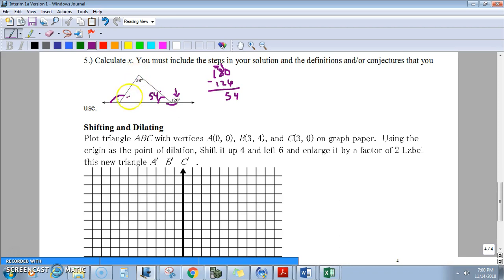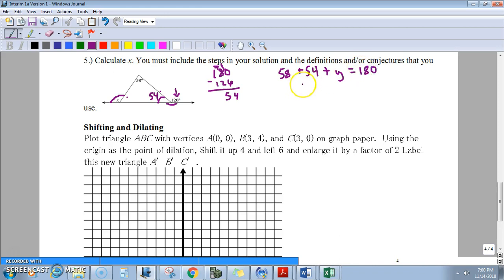And then the inside of the triangle needs to be 180 also, so 58 plus 54 plus some number, we'll call it, well, I don't want to call it x because the other one's x, plus some number y is equal to 180.